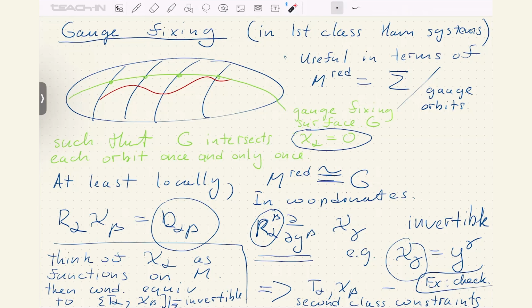So again, if we have a first-class system, we can fix a gauge, meaning pick these gauge conditions chi alpha, and we end up with a certain second-class constraint system whose reduced space is our required reduced space.